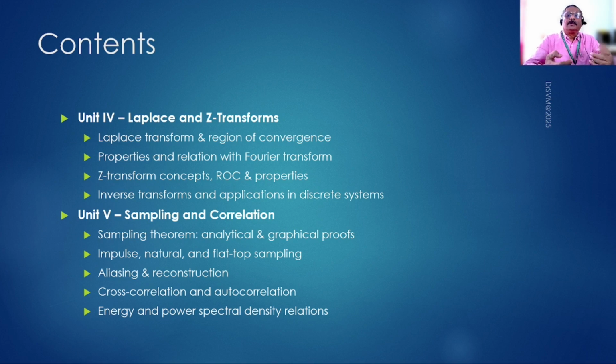Then while comparing signals, we require something called correlation. Here we use cross correlation, that is between two different signals, or auto correlation, where the same signal is checked to verify whether a part of it is repeated or not. Then we look at the various density relations on the spectrum side, that's energy and power.